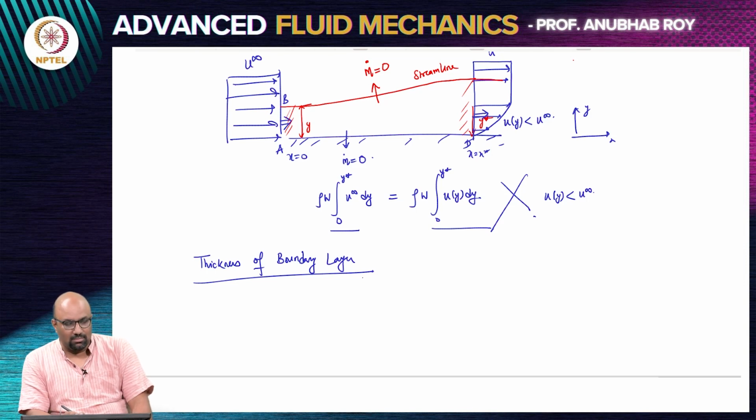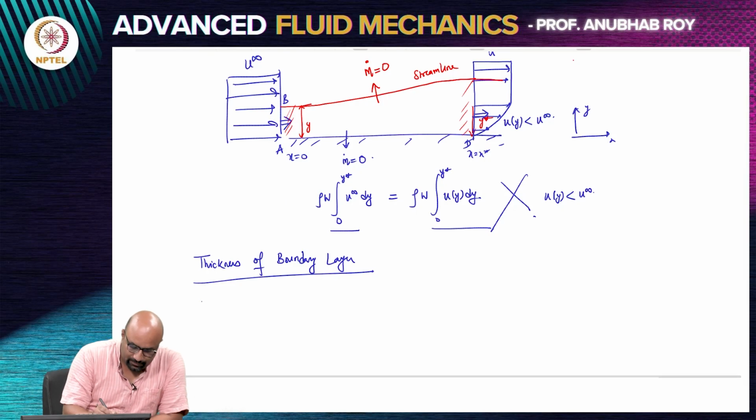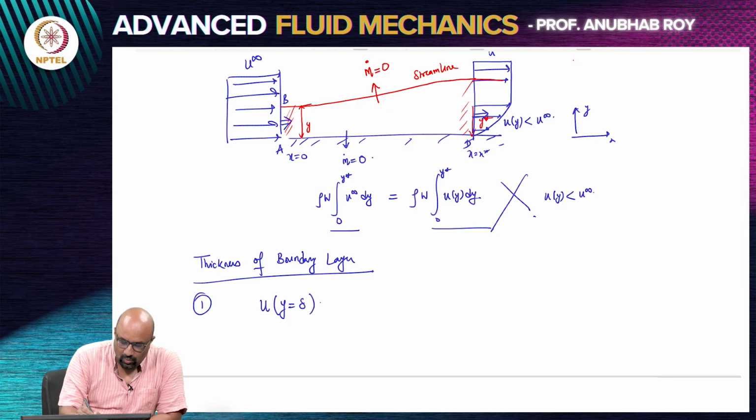So, you can start by giving some simple numbers. Simple numbers would be, you say the boundary layer is the location where it attains 99% of the free stream velocity. It is just an arbitrary quantity.